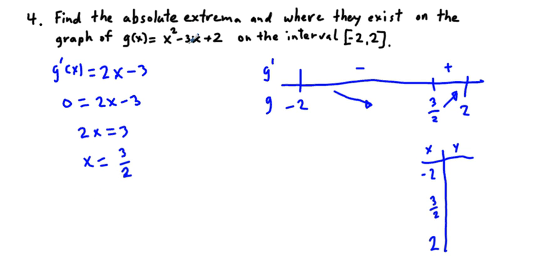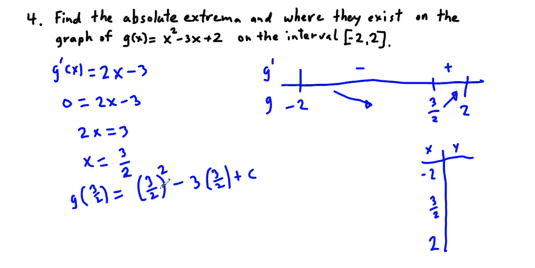We got to use g now. g of 3 halves is going to equal 3 halves squared minus 3 times 3 halves plus 2.